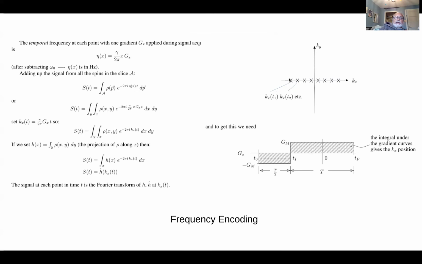And this is the gradient form that will lead to those different positions. So we need a negative one at first. Your signal always starts out at 0 in k-space.